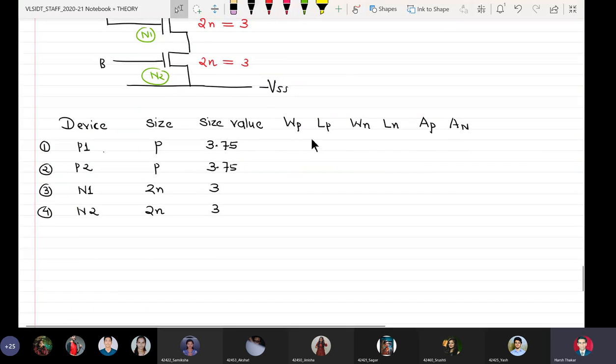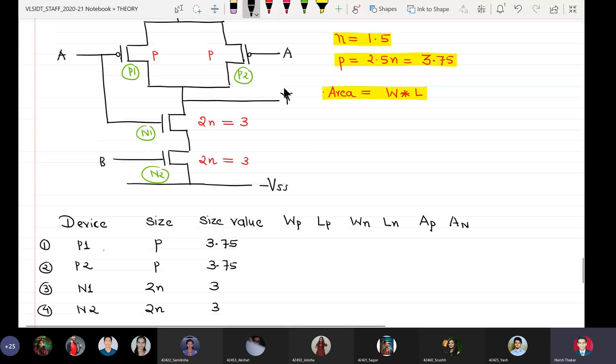Now another important rule which we know is that suppose I am having a technology equal to 100 nanometers. Then the length of PMOS is equal to the length of NMOS is equal to the target technology. The third rule which we have to remember here.